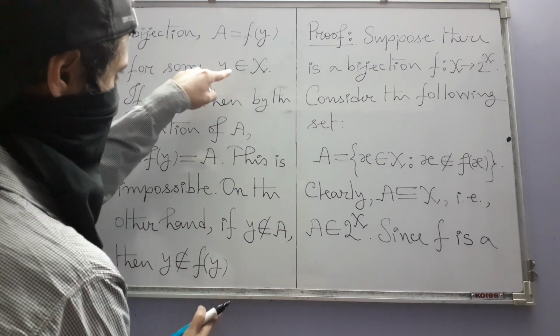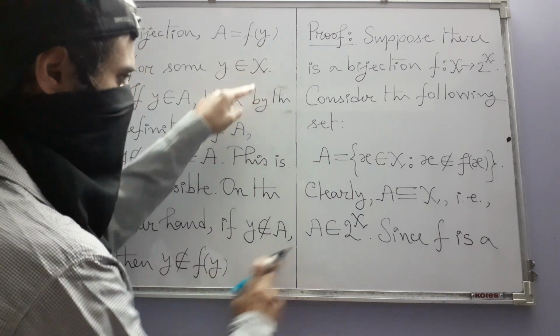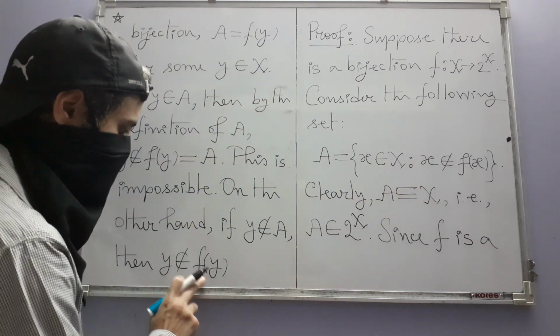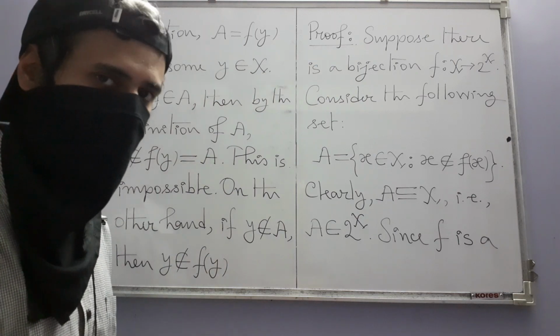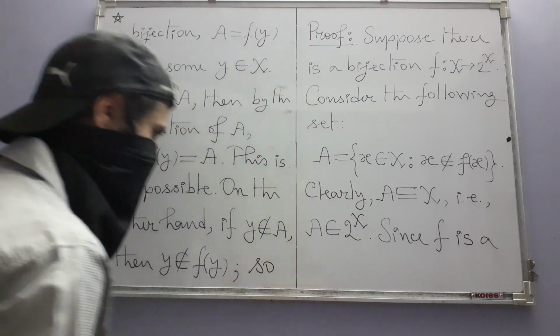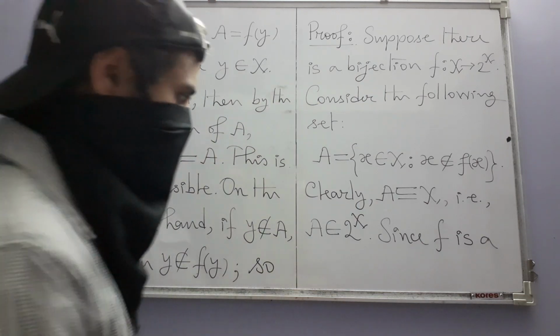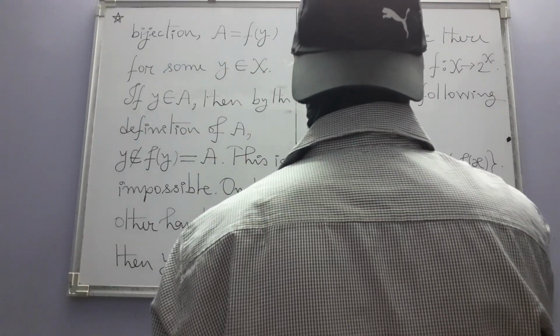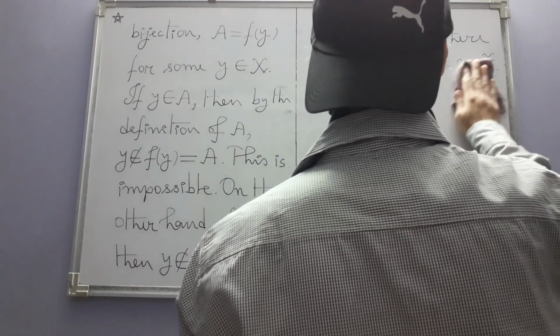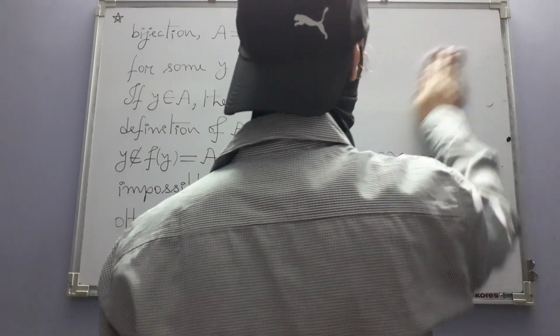But then y is an element in X which satisfies this condition. So again, by the definition of A, y would then have to be in A. So by the definition of A, y must be an element in A, which again is impossible.